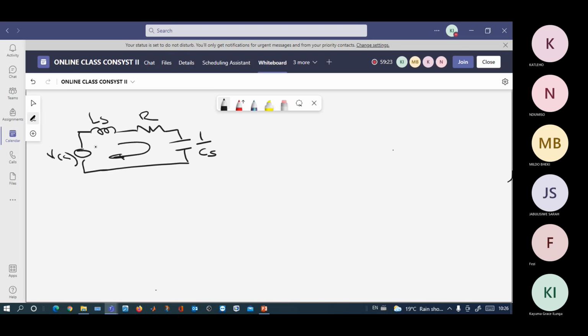This is the current I of S. So we can write the equation we had before: V of S is equal to LS plus R plus 1 over CS, everything times I of S. Are we together?